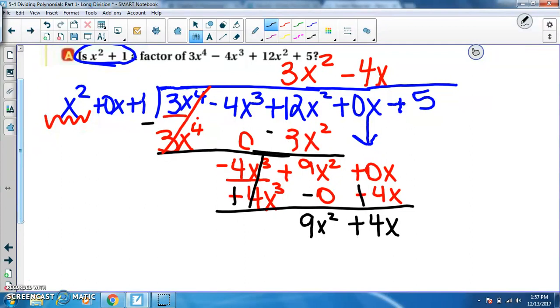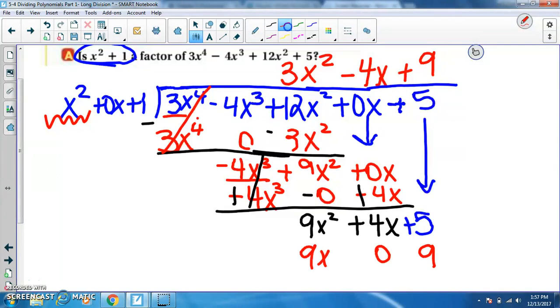Now, what do I need to multiply x squared by to get 9x squared? And I need to multiply by 9. So plus 9. I have to bring down my plus 5 as well. And now I multiply 9 times my entire divisor. So 9 times 1 is 9. 9 times 0x is 0. 9 times x squared is 9x squared.